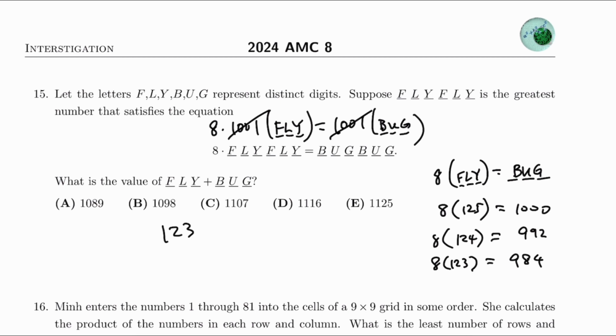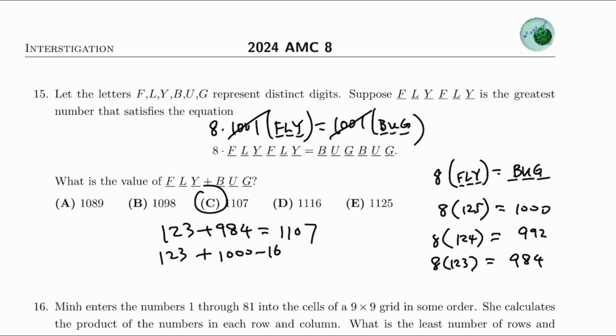So the answer is just 123 plus 984, which is easier if you calculate this as 1,000 plus now 123 minus 16. Just a suggestion, because 123 minus 16 is easier to deal with, just in my opinion. So that is 1107, or answer choice C.